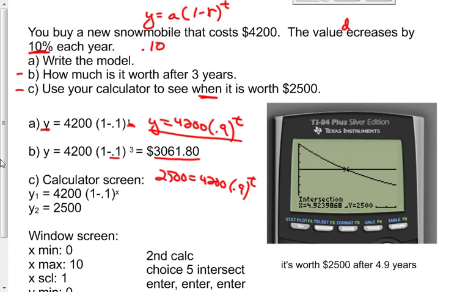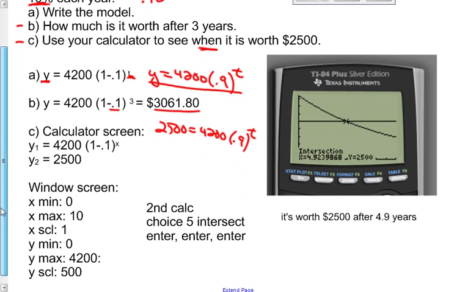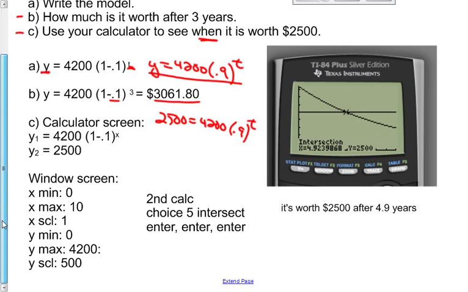So here's the process we're going to do to get that on our calculator. Go to your y equals screen, and we're going to type 2 equations. The first equation is the model that we wrote, and the second equation is what we want that model to be equal to when we're done: 2,500.